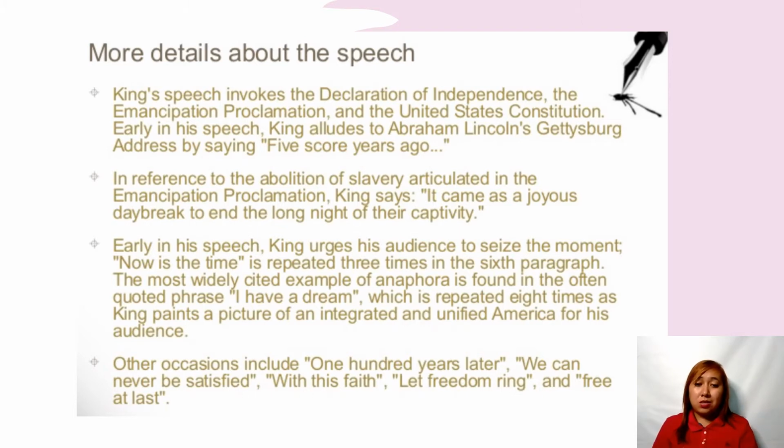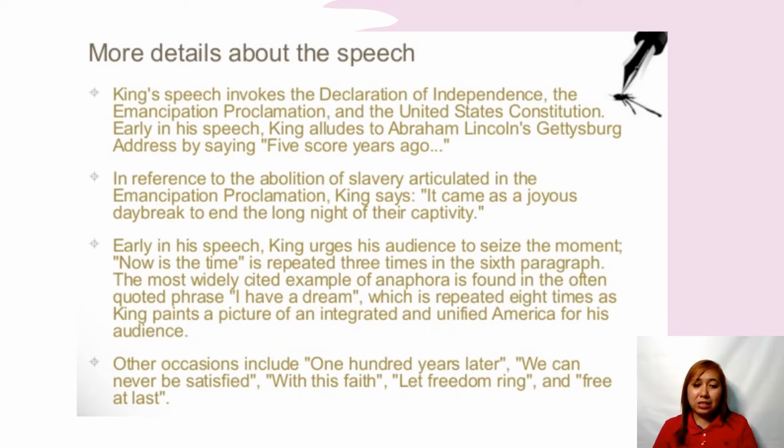In his speech, he repeated the phrase "I have a dream" many times because it has been his dream to have the freedom to get away from the slavery of the white people.